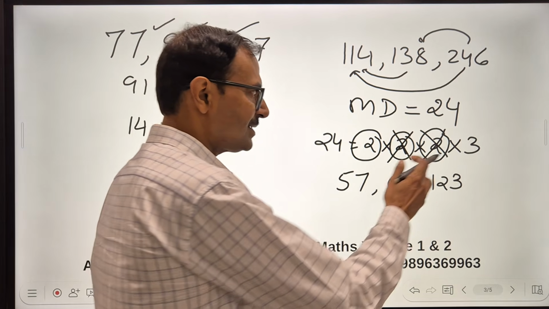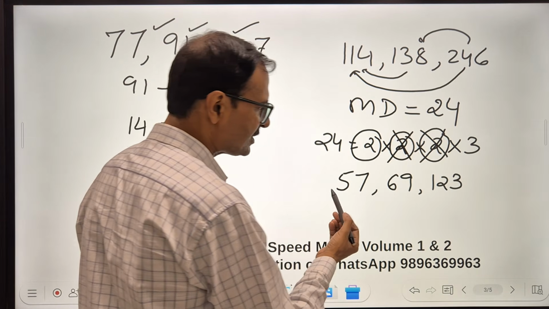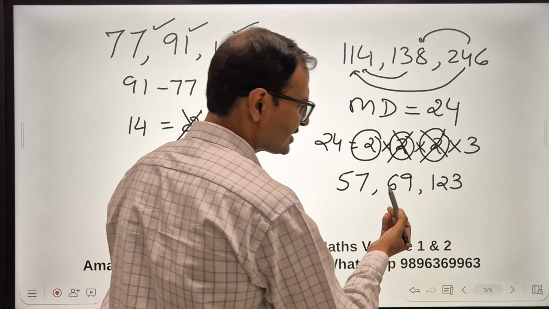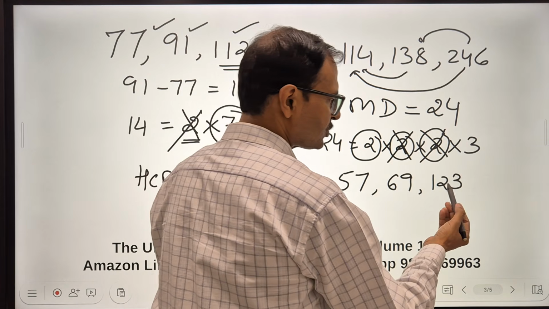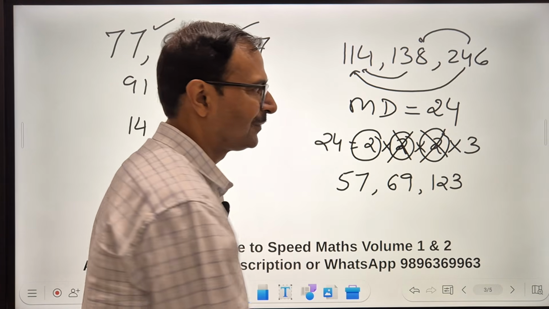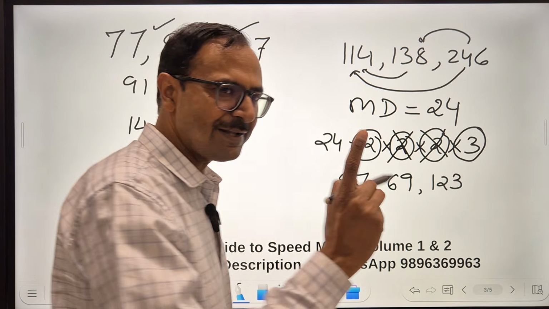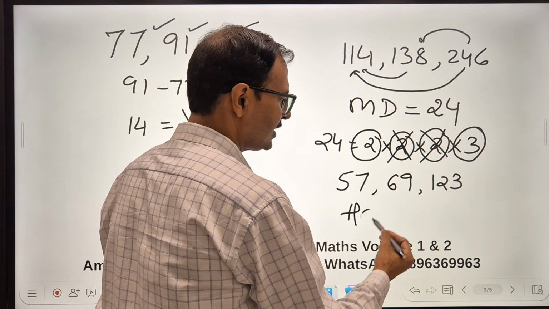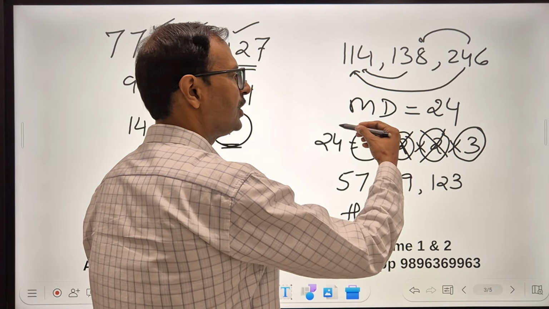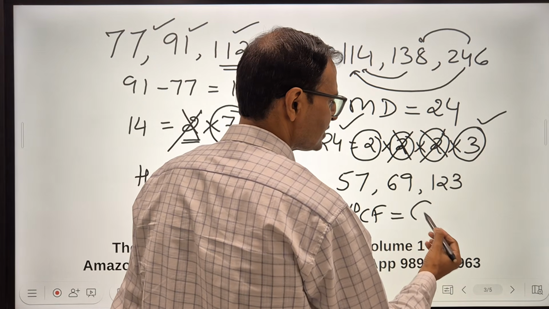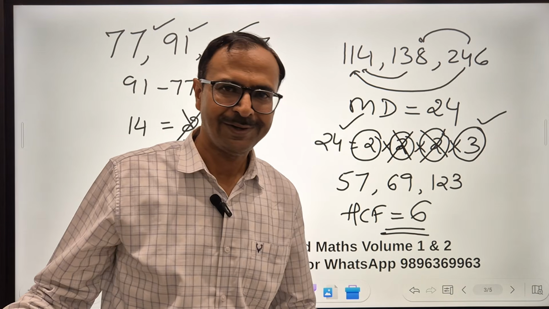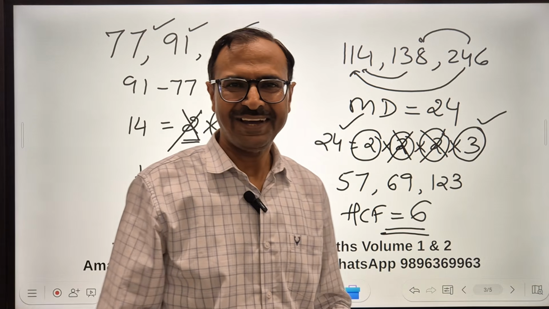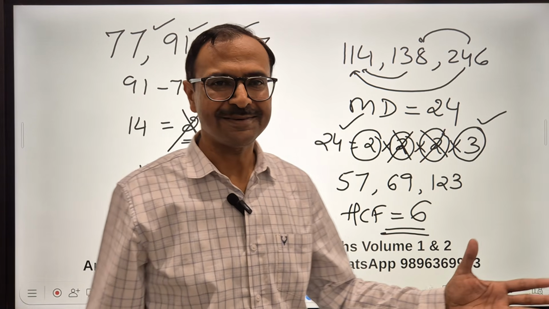But this is an odd number. Let's check 3. 5 plus 7 is 12, divisible. 6 plus 9 is 15, divisible. 3 plus 2 plus 1 is 6, divisible. So 3 is retained in the HCF, and so the highest common factor of these numbers is 2 times 3, that is 6. See, no prime factorization and no long division, and you got to the answer.